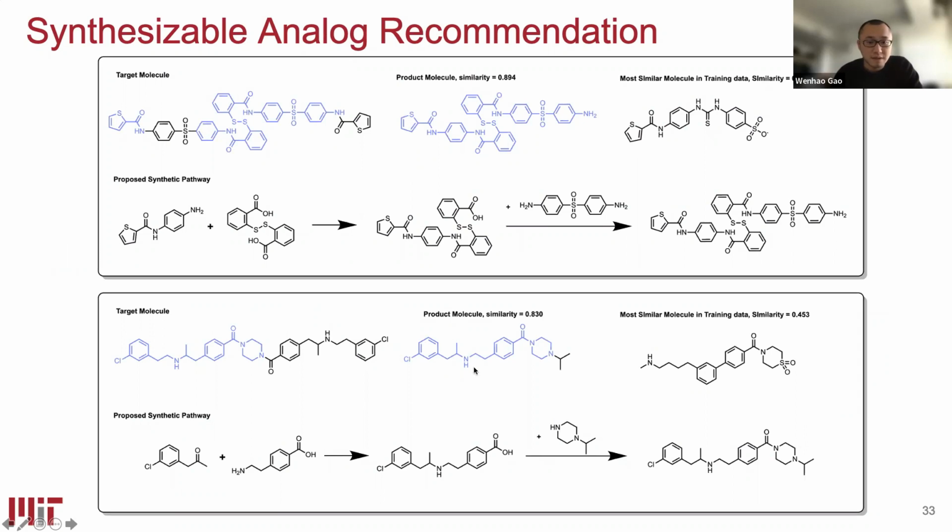And in the second case, the target molecule is indeed a symmetric molecule, and our model constructed about half of it. So although they are not very similar in structure, we think the synthetic route of this molecule could somehow inspire the synthesis of the original target. So the output we think is also valuable.